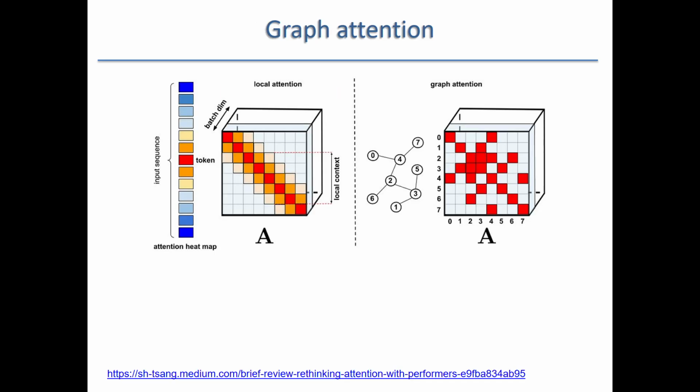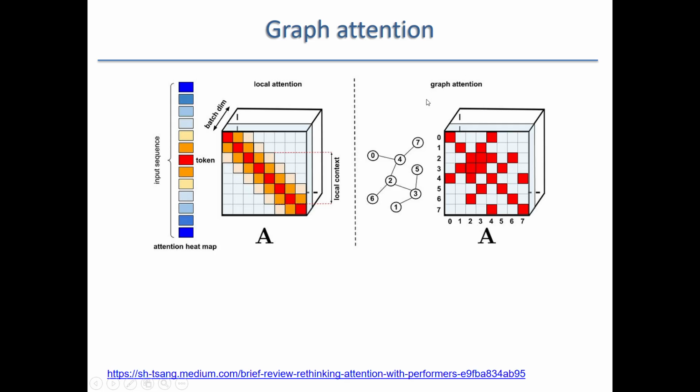And you can also extend this idea to graphs. In local attention, a token can be related to the neighborhood. This is the local context where you make the comparisons.